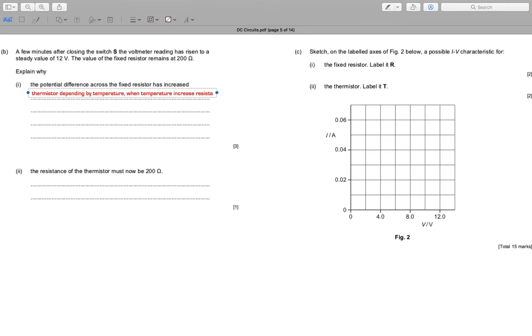When the temperature increases, the resistance decreases. When the room temperature increases, the resistance of the thermistor decreases.